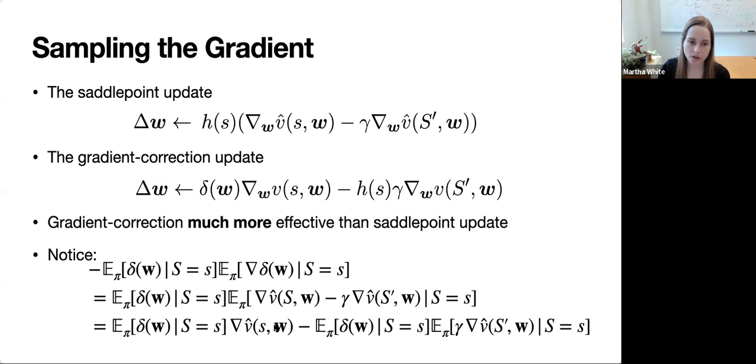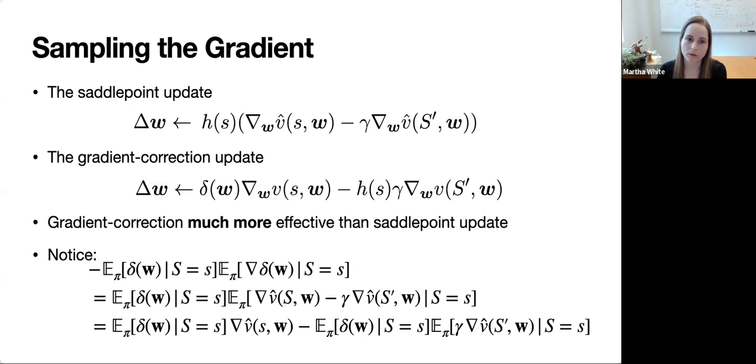So we're going to have just the gradient of v times expected delta. And then here is where we actually run into the double sampling problem. Double sampling only comes in because of the second term. So we can use the h of s, which helps us deal with the double sampling problem, only for the second term. And for the first term, we can actually use an unbiased sample for the delta. So that's one motivation for why the gradient correction update could work.